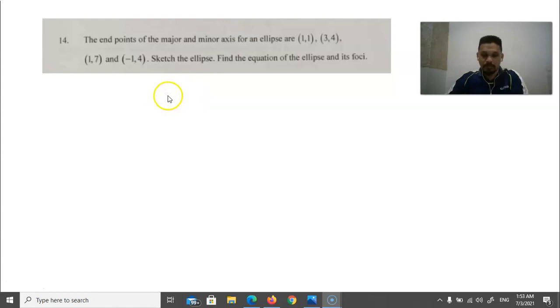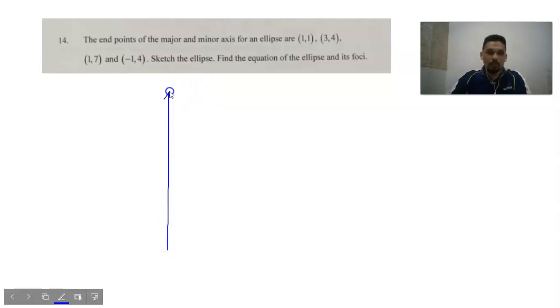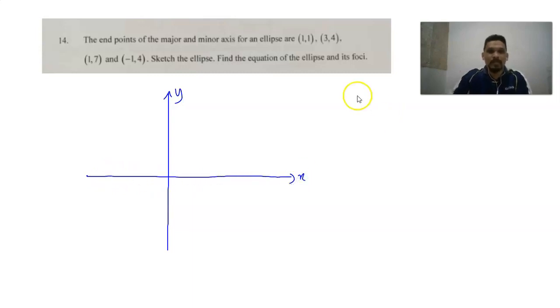Okay, if I sketch Y and X, the endpoints of the major and minor axes for an ellipse: 1 and negative 1, so this is 1 and 1 here. 3 and 4, somewhere around here. 1 and 7, somewhere around here.